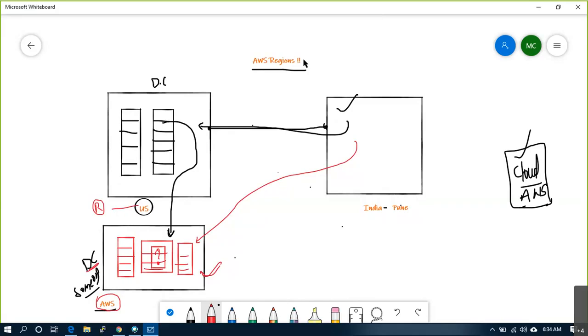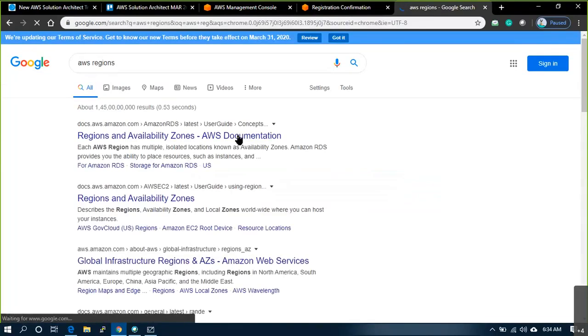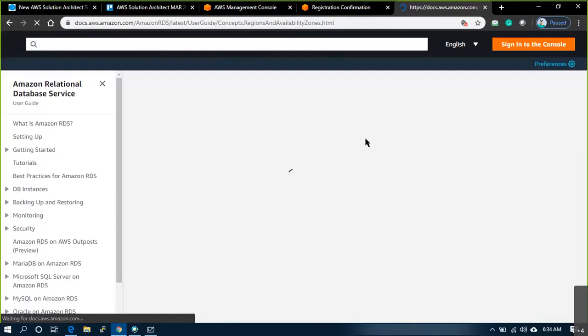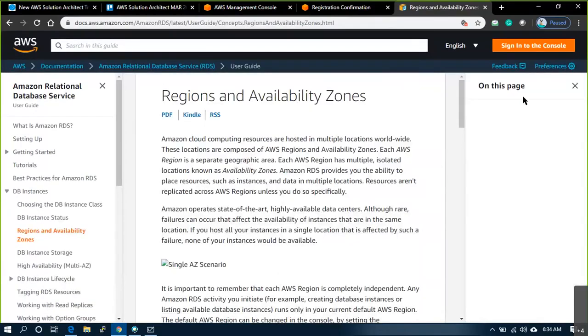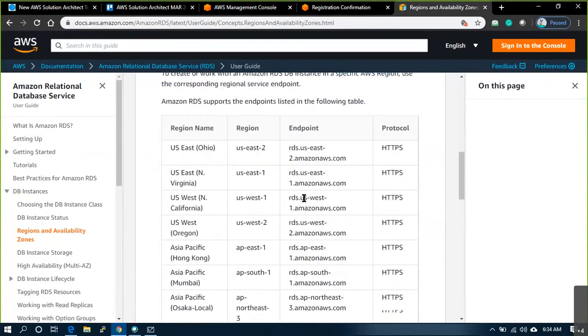AWS has many regions. Let me go back. What is this region?